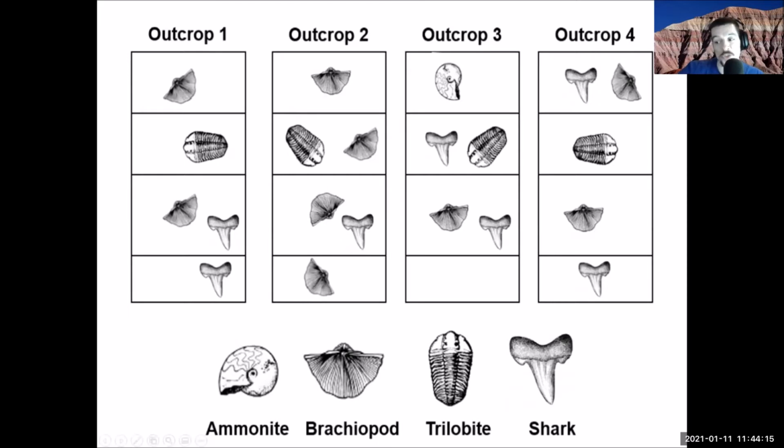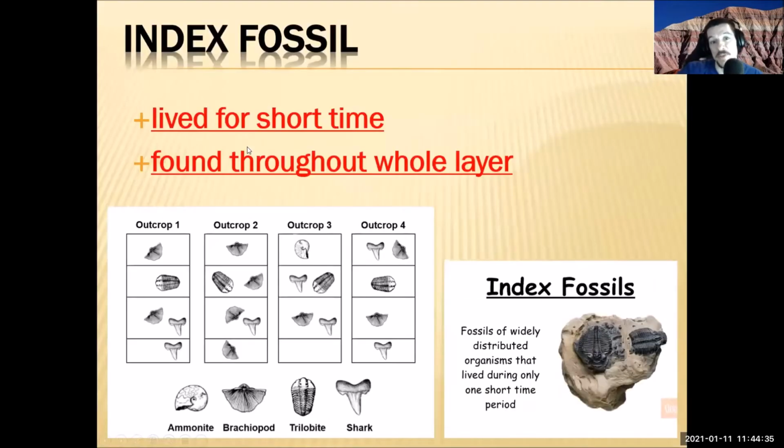I think you found it, the trilobite. The trilobite is only found in row 2, but it's found in every single outcrop. So if we can figure out how old the trilobite is, that will give us a big clue how old this rock layer is. So index fossils can be very useful.